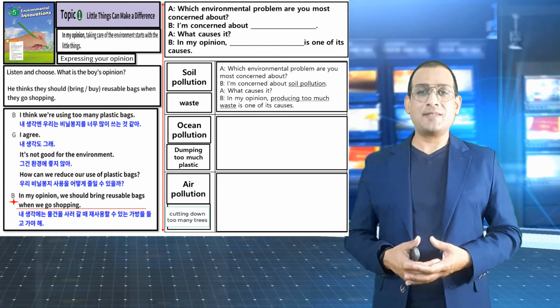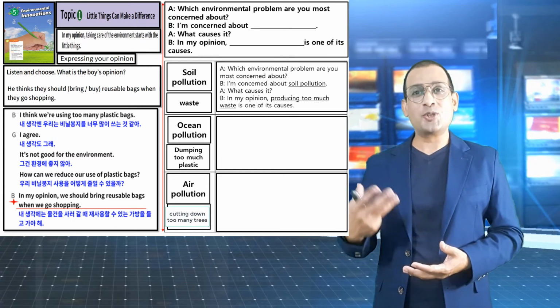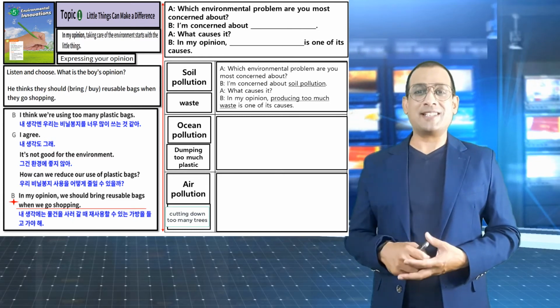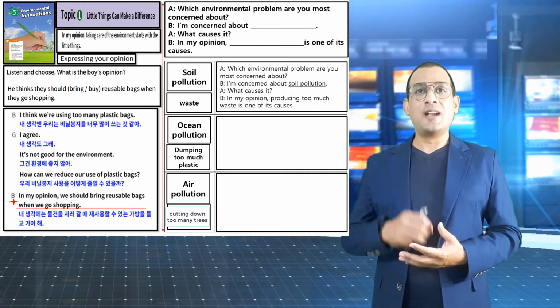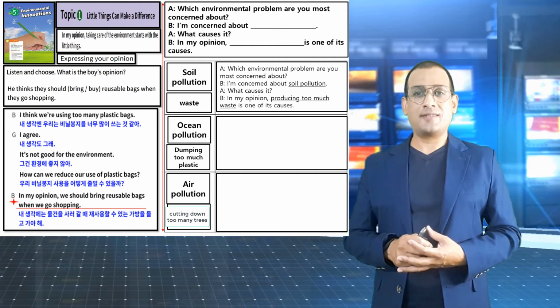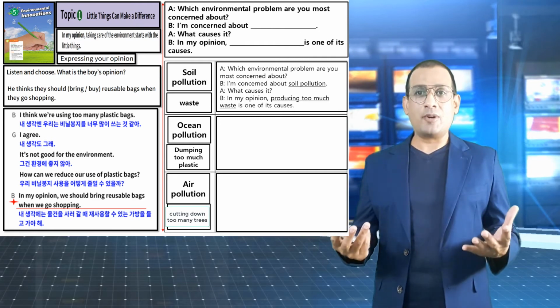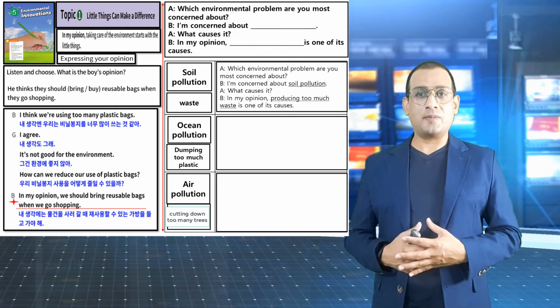And B says, in my opinion, that is our target language. You should learn that. Memorize it. Use it. In my opinion, blank is one of its causes. So this is our pattern, and we have to make a conversation.